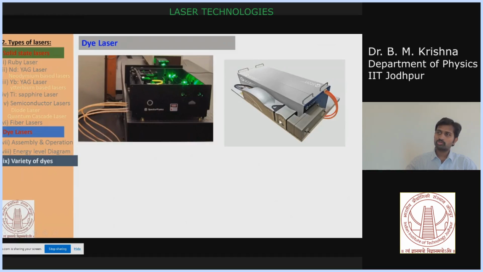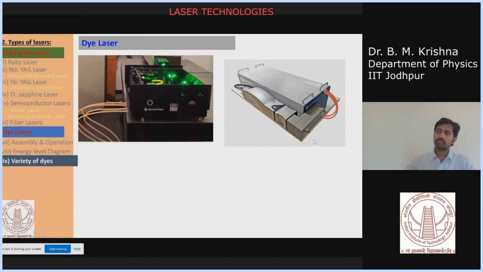For example, now you see it's a 2 omega, so that means it's doubling the frequency. That is called second harmonic generation. Your laser output will come in this direction, and then the beam is diverted to this direction. Now it will be frequency doubled. For example, if 800 nanometers is coming out, or 1000 nanometers is coming out, then you will get a frequency double.